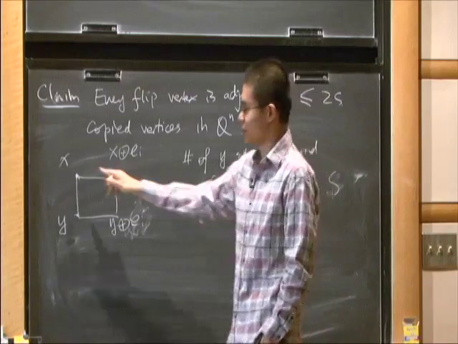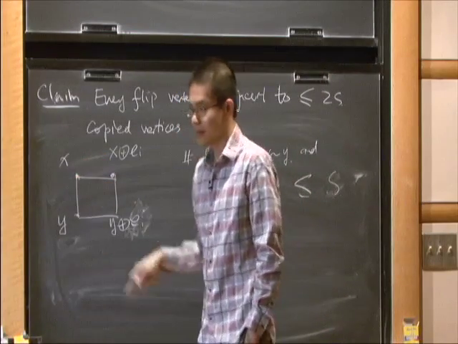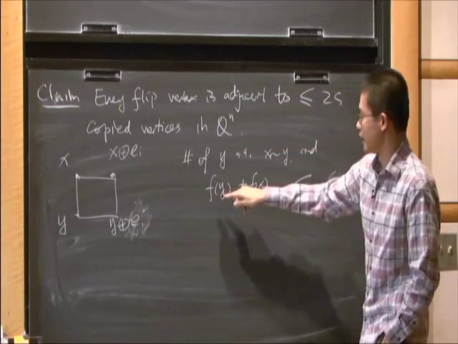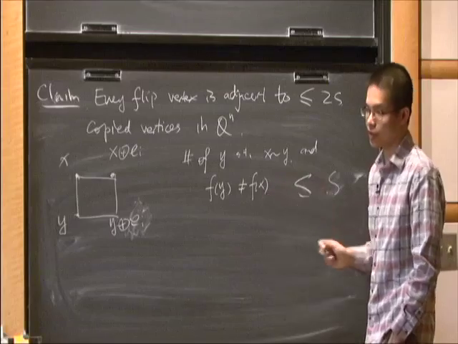The reason is that it fixes vector X, and the sensitivity is at most S, so there are at most S such Y with F of Y not equal to F of X.